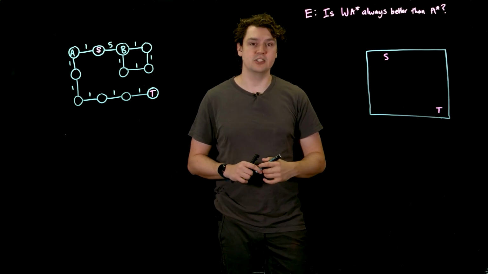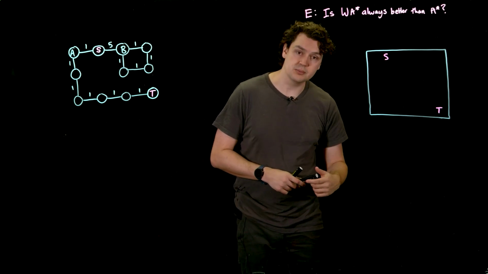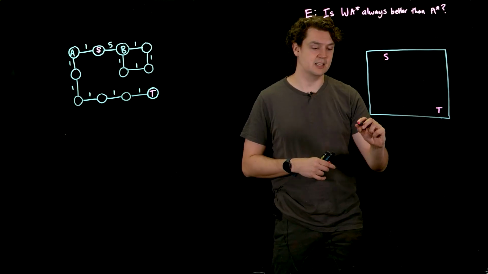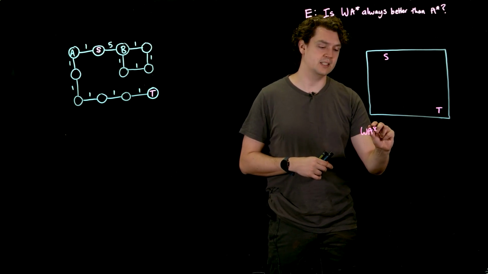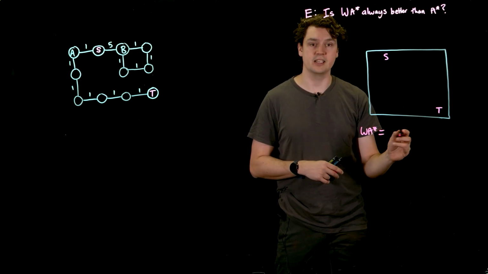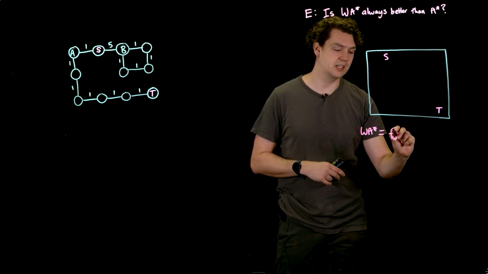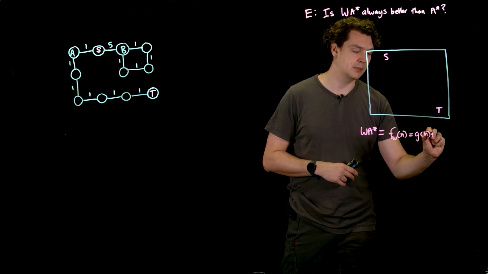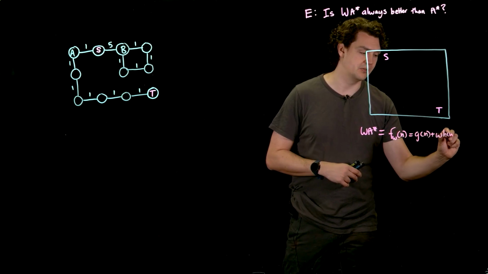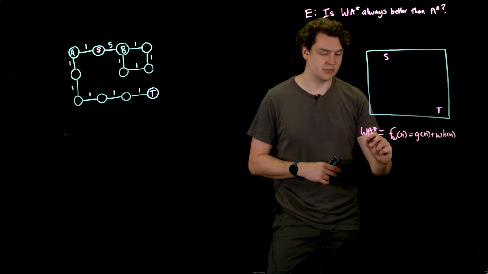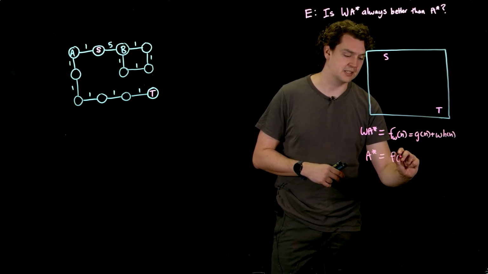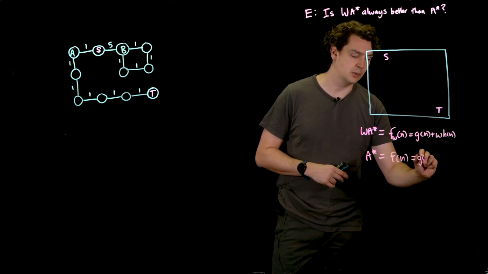So now to write down the differences, of course, between A star and weighted A star. Weighted A star is defining the f value, so f_w of n is equal to g of n plus w times h of n. The equivalent for regular A star is the exact same, just without the w.